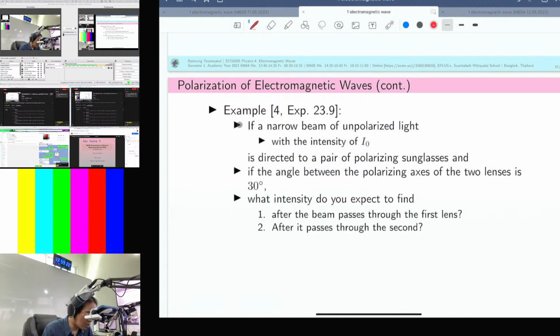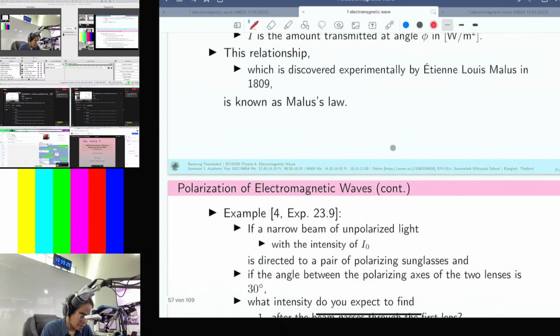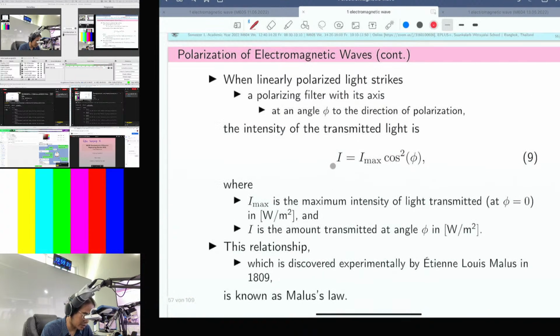If we have a narrow beam of unpolarized light with the intensity of I0, Malus's law is I max times cosine square of angle phi, right? I max is the maximum intensity when we move the polarizing axis to be 0 at vertical.